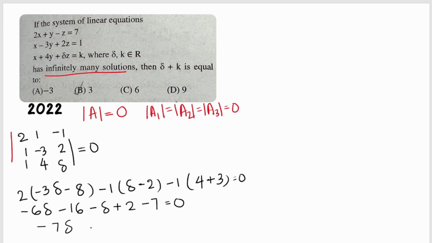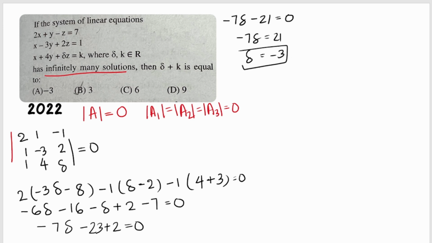On solving, minus 16 minus 7 is minus 23. Minus 23 plus 2 is minus 21. So we'll get minus 7 dou minus 21 equals 0. So minus 7 dou equals 21. Dou equals minus 3, since 21 divided by minus 7 is minus 3. We get dou equals minus 3.